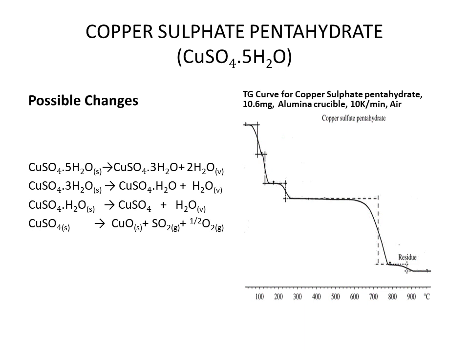And here are the possible changes which we can understand happening in this compound with the increase in temperature. In the first step, it is expected that with the increase in temperature there is the removal of two water molecules, and the copper sulfate pentahydrate is converted into the trihydrate compound.